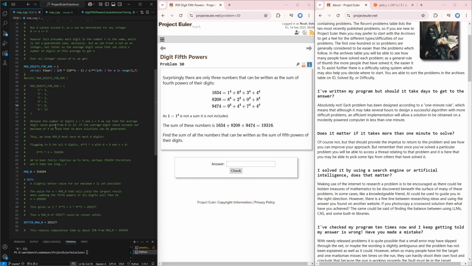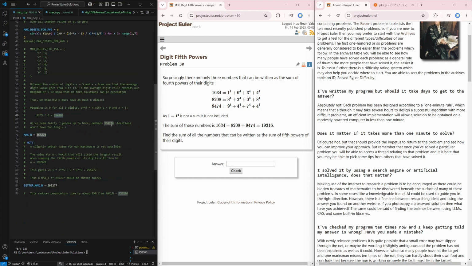Yeah, that's what that means. So we do have to consider 6-digit territory, right? So we can assume all 6 digits are 9s. What end value does that yield? That only yields 354,000. So we only have to go about a third of the way through the 6-digit numbers.